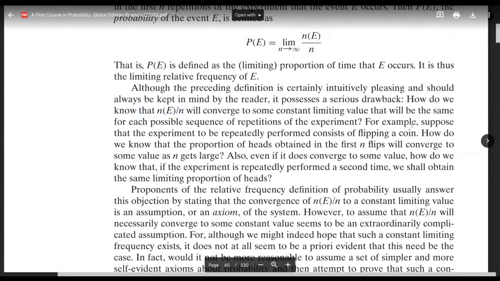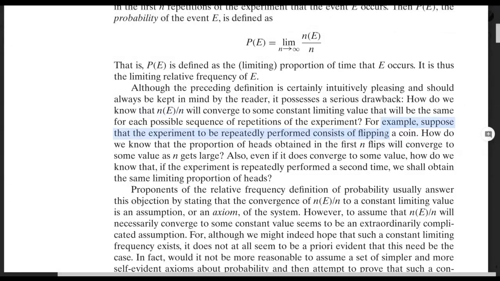For example, suppose the experiment to be repeatedly performed consists of flipping a coin. How do we know that the proportion of heads obtained in the first N flips will converge to some value as N gets larger?